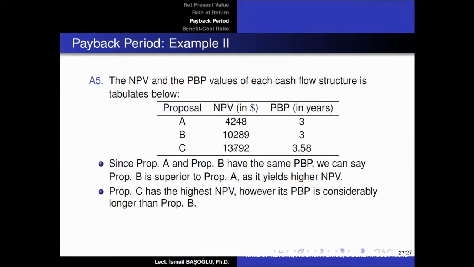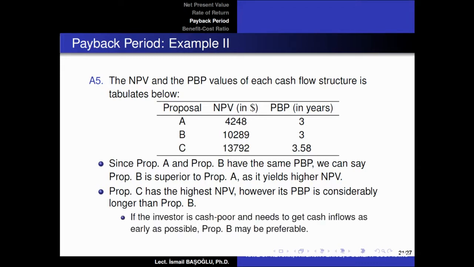There is almost a 33% increase in the net present value of proposal C compared to proposal B. However, the payback period is also a secondary measure that we should take into account. It is only half a year larger than the payback period of B. So I would say that I would wait for an additional half a year to get this extra 30% net present worth. I think proposal C should be selected.